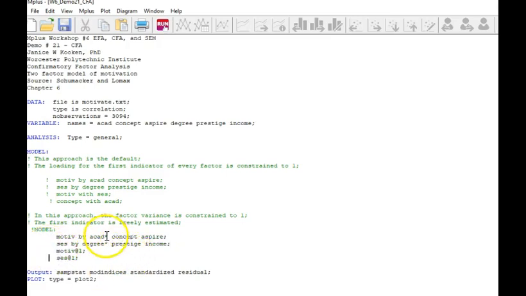You see that this asterisk is added, and that means please freely estimate that first indicator loading and freely estimate that one as well. And this, motive at 1, since motive is one of our factors, says constrain the motive factor variance to 1 and constrain the SES factor variance to 1.